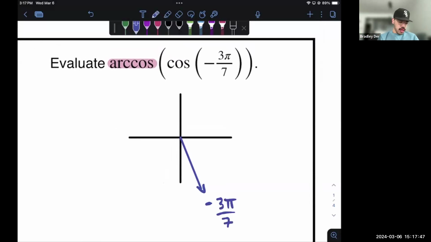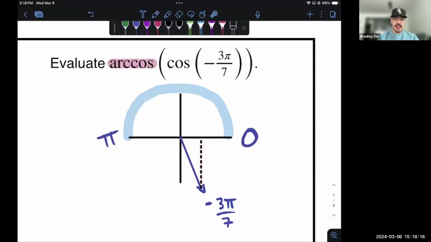The cosine value is some positive x value, right about here. But the arc cosine output, that angle, is going to be somewhere from 0 to pi. And all we're looking for is a cosine value that matches this positive x value.